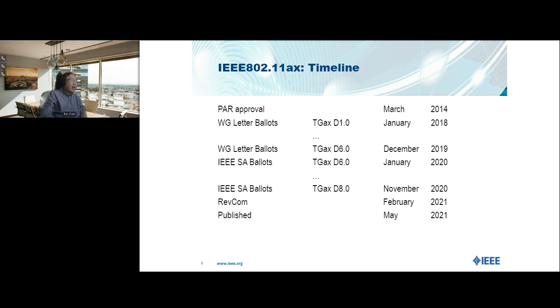They called a letter ballot for review and comments. The first draft happened around 2018. Then there were many rounds of comment, revise, and review. Once you get to 2019 and 2020, the standard becomes stable at the working group level and is submitted to the IEEE Standards Association for approval. This was in January 2020. Then it was published in 2021.